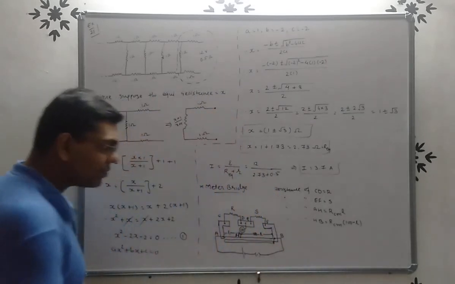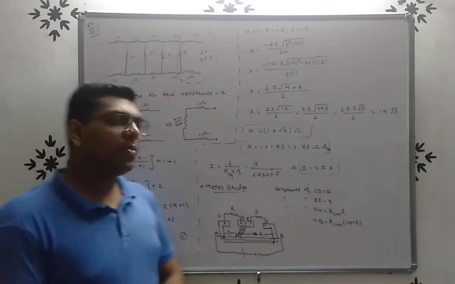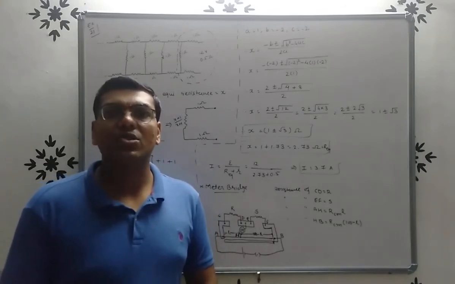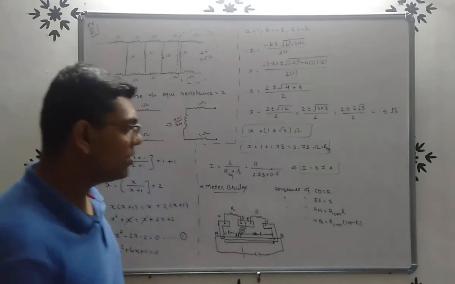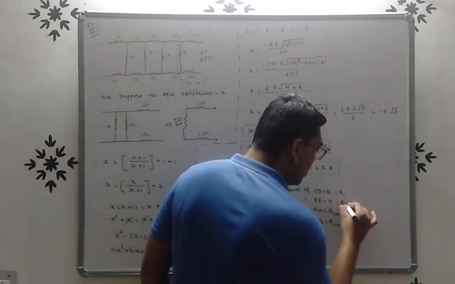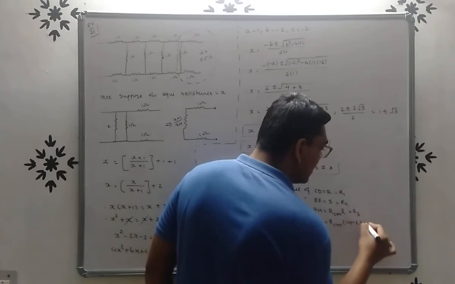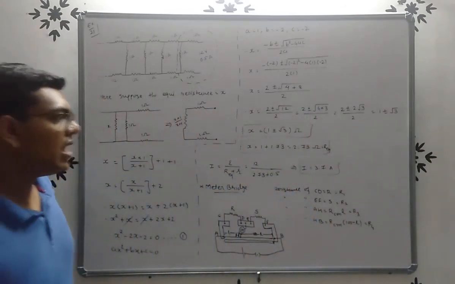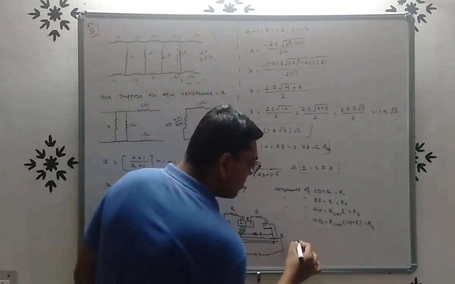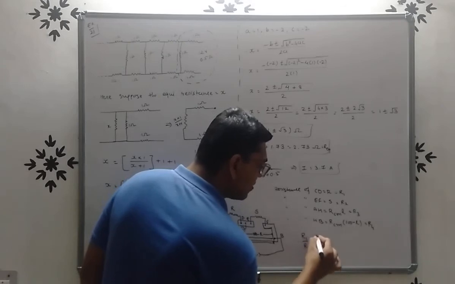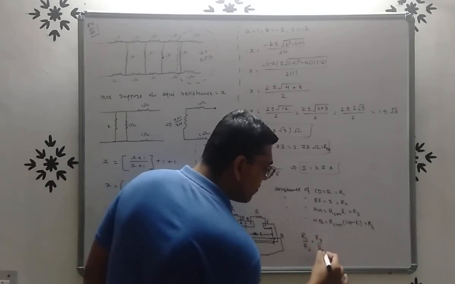Now we know the formula of Wheatstone bridge. R1 upon R2 is equal to R3 upon R4. So here this is R1, this is R2, this is R3 and this is R4, right? So from the formula of Wheatstone bridge, R1 upon R2 is equal to R3 upon R4.